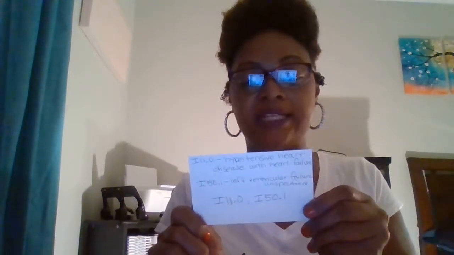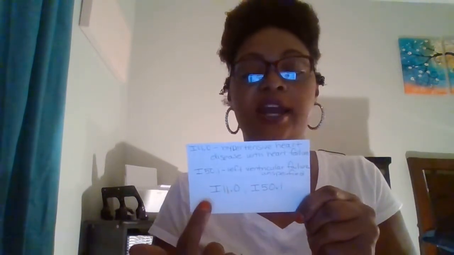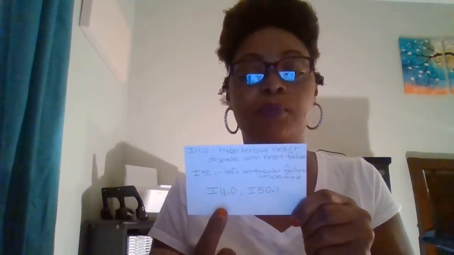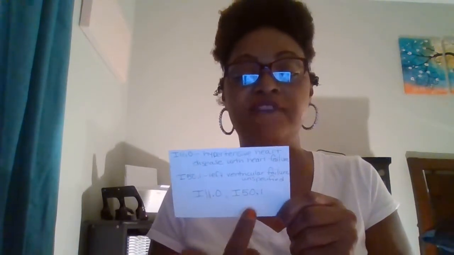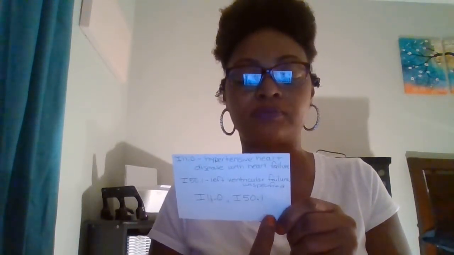Okay, so again, the question is, what codes, according to ICD-10 guidelines, describe a patient that has hypertension with left heart failure? Your answer is going to be I-11.0 and I-50.1.